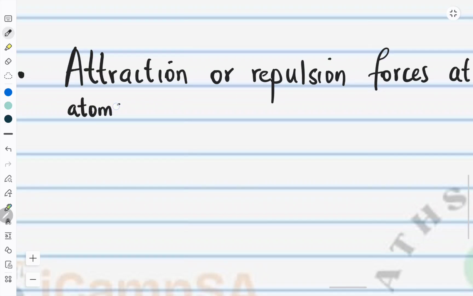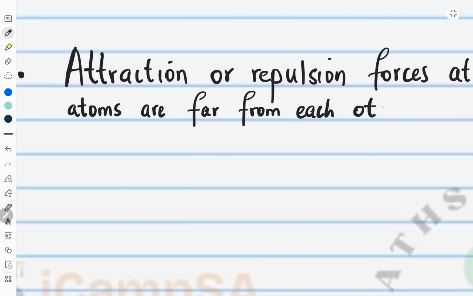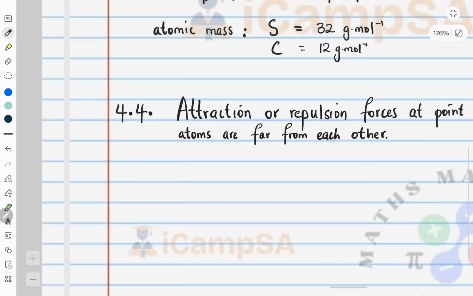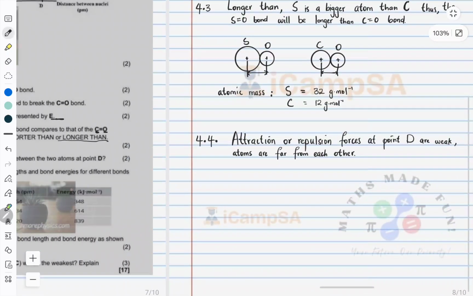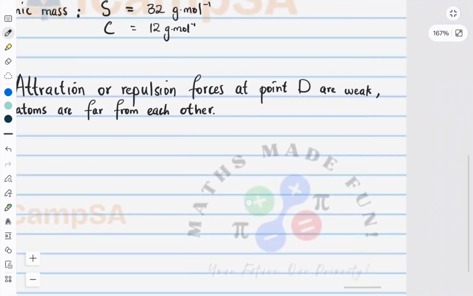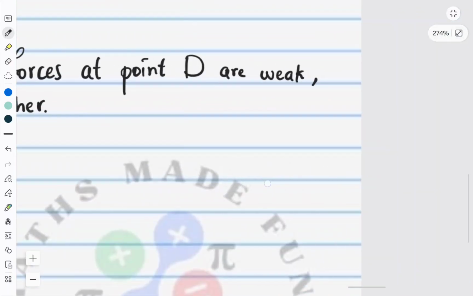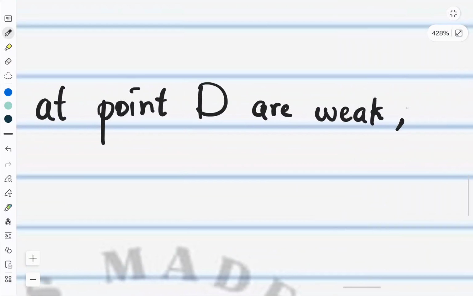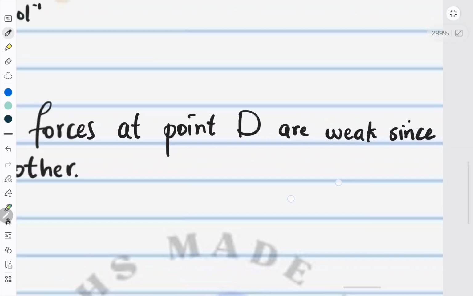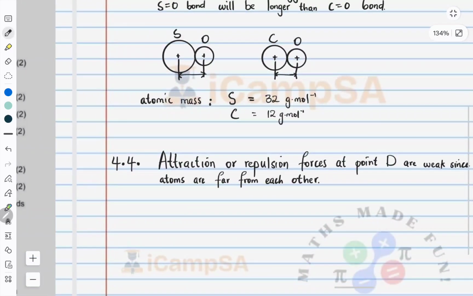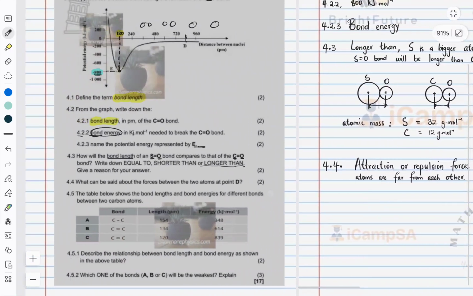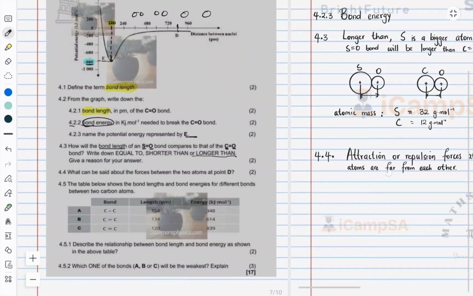Atoms are far from one another. That's why they are weak. So let's just say since atoms are far from one another, the attraction or repulsion forces at point D are weak. That's your 2 marks right there.